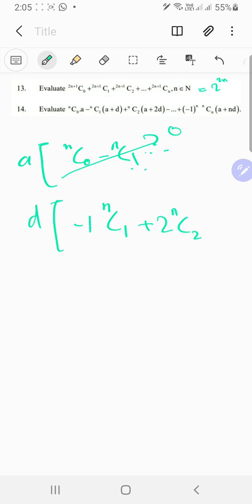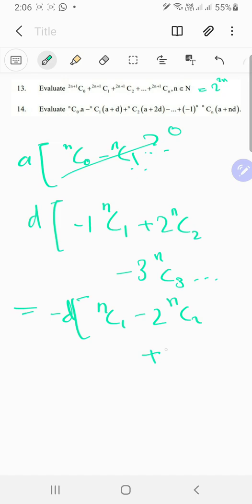Now this looks like a derivative question, right? And then it's supposed to be minus 3 nc3 and so on, right? This looks a little more like a derivative question. Maybe it's not. Whatever, this thing can be written as negative d nc1 minus 2 into nc2 plus 3 nc3 and so on.